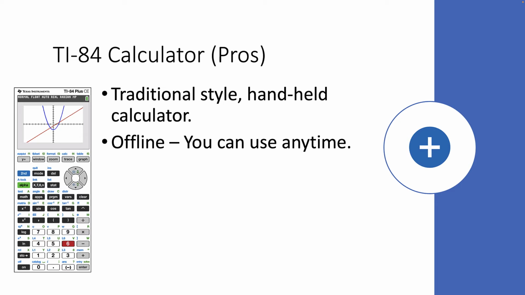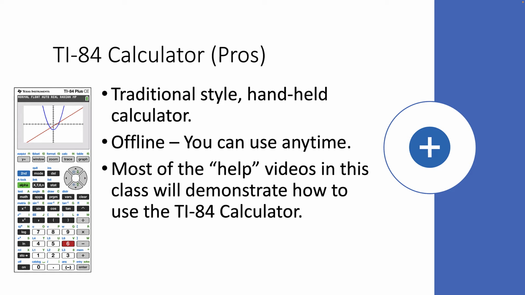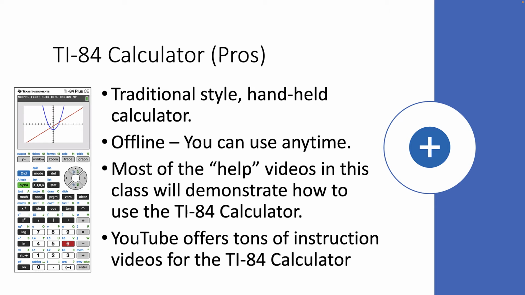Another pro about the TI84 calculator is it's offline. You can use it anytime, anywhere. You don't have to be connected to the internet. Most of the help videos in this class will demonstrate how to use the TI84 calculator. Beyond this course, YouTube also offers tons of instruction videos for the TI84 calculator. So there's a plethora of help out there on how to use this calculator.